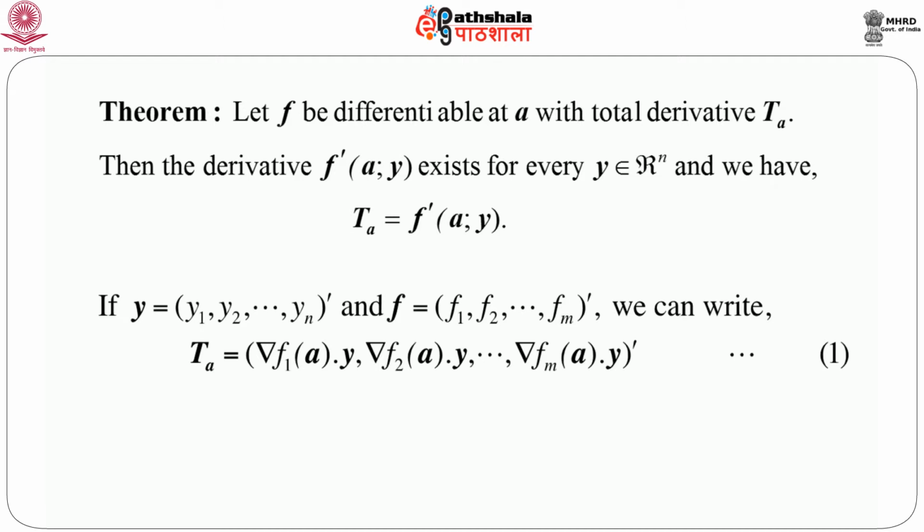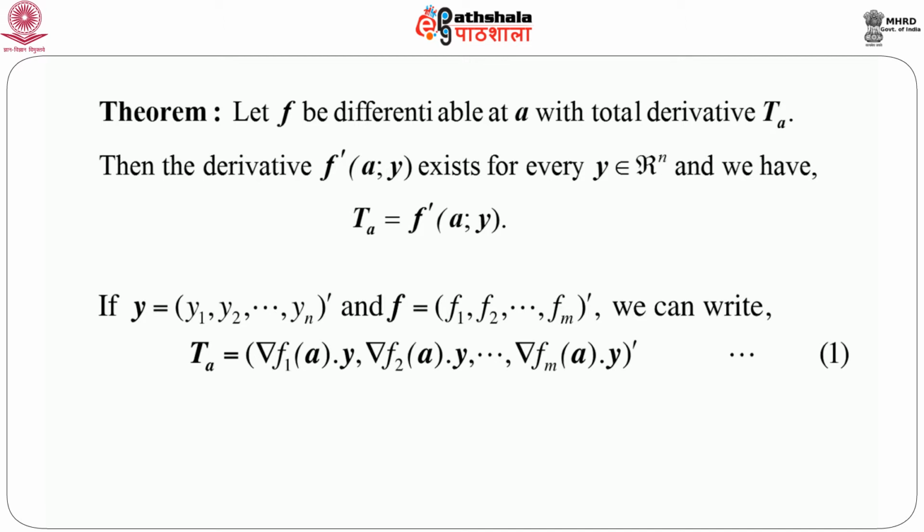And again, if we write y equals (y1, y2, ..., yn)' and f equals (f1, f2, ..., fm)', because f itself is a vector valued function of dimension m cross 1, we can write Ta y as (nabla f1(a)·y, nabla f2(a)·y, and so on). Nabla is the backward difference operator.